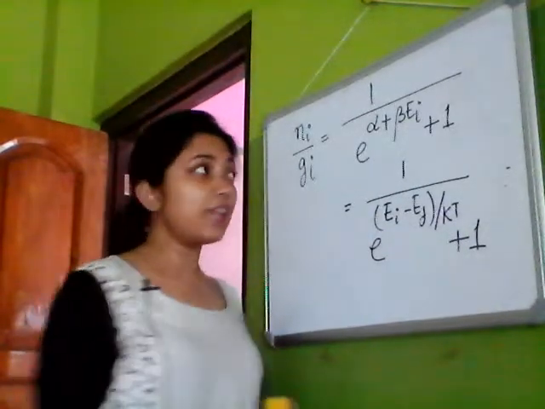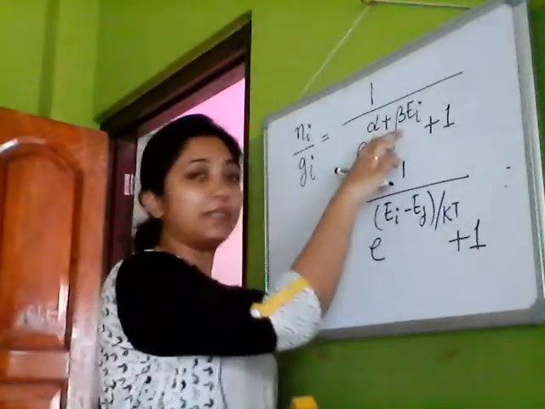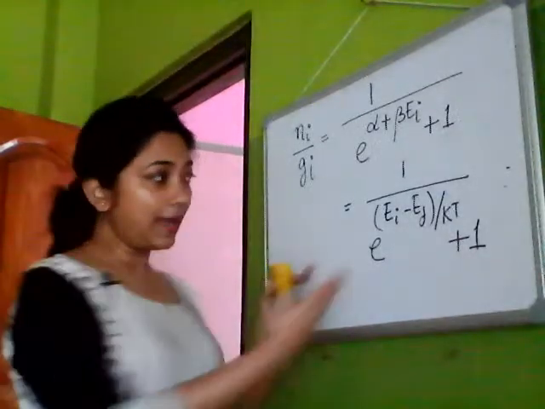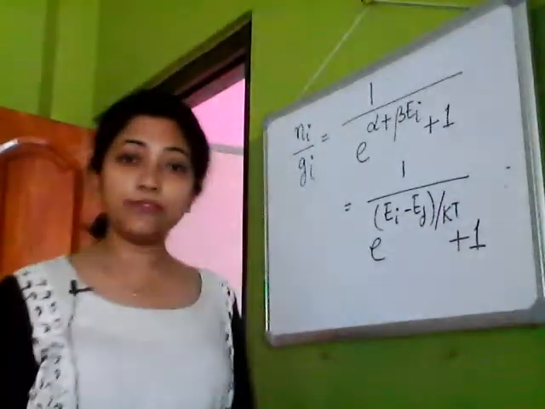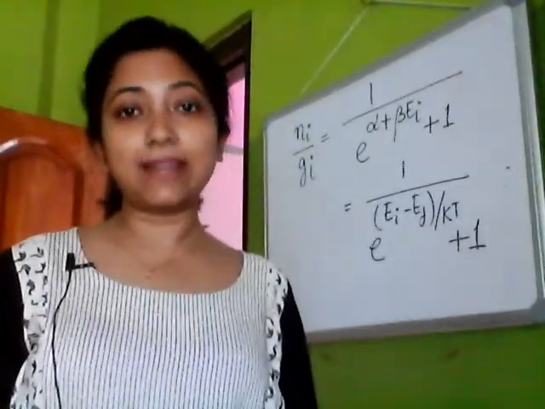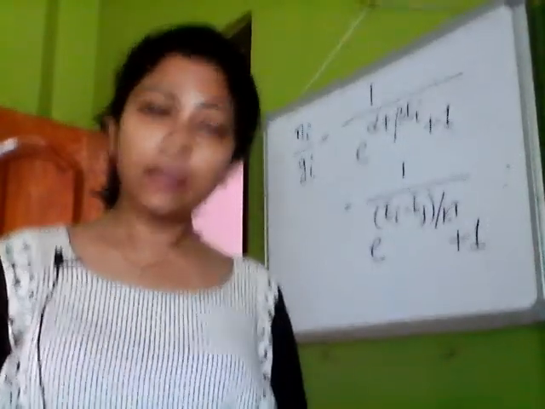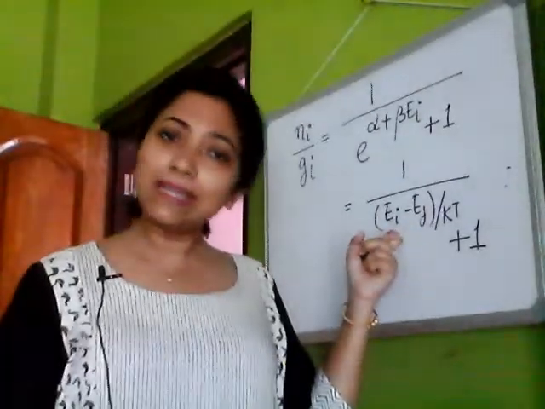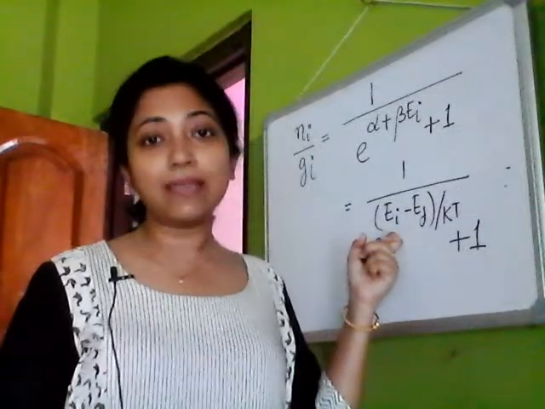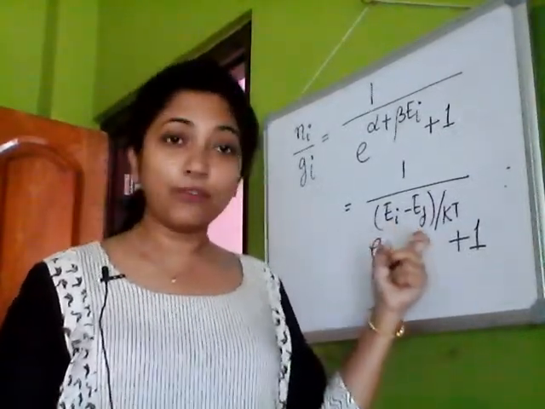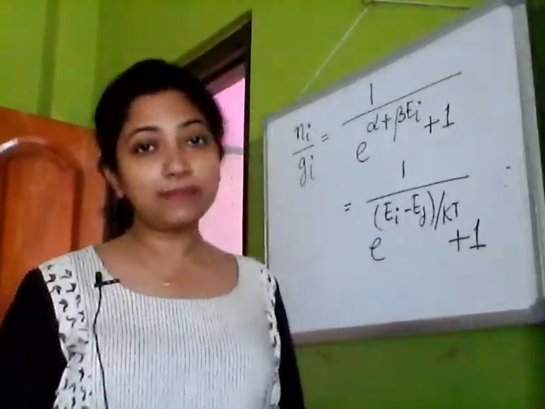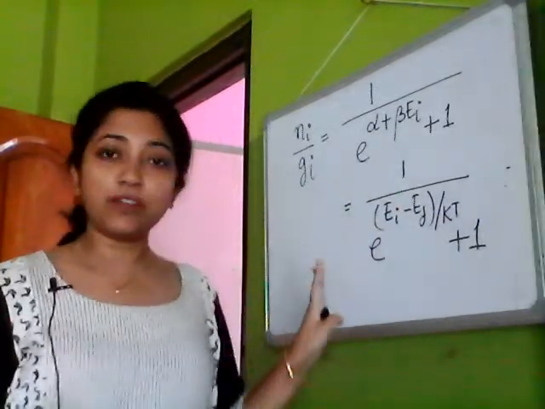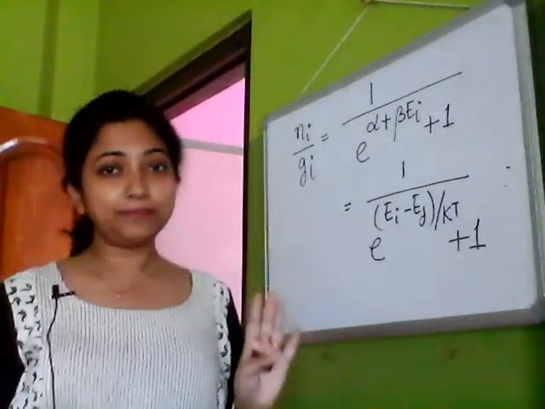See, all I have done is I have put in the values of alpha and beta from our formula, and this is how the distribution function of Fermi Dirac statistic looks like. Fine. Ei is in general any arbitrary ith energy level, and Ef over here is the Fermi energy level. So this is the distribution function of a Fermi Dirac system.